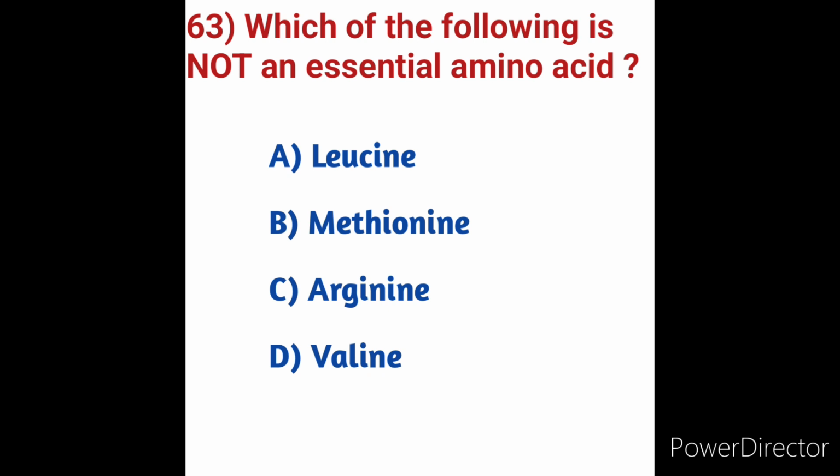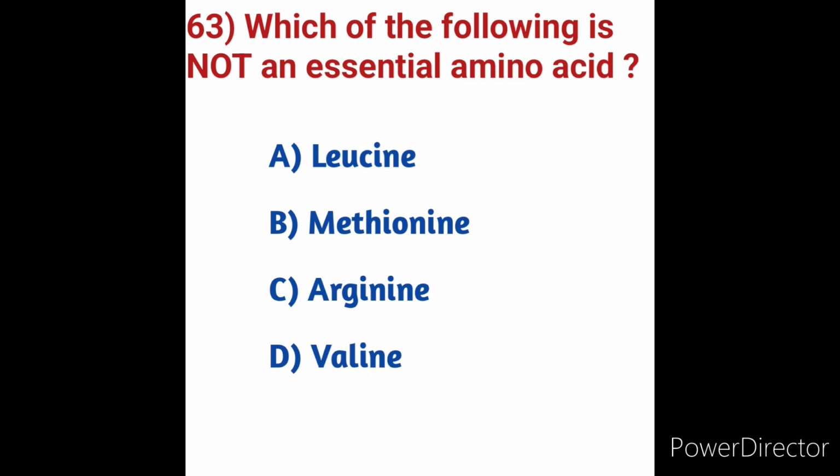What are the non-essential amino acids? Those 11 non-essential amino acids are alanine, arginine, asparagine, aspartic acid, cysteine, glutamic acid, glutamine, glycine, proline, serine and tyrosine. So here we got a non-essential amino acid, arginine.